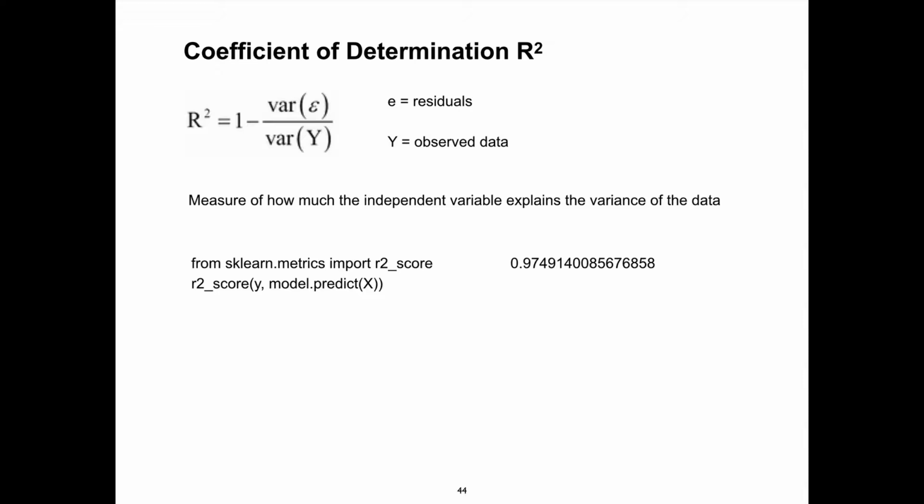So R squared, we've got this nice equation where it's the variance of the residuals over the variance of the observed data. Subtract that from 1. And since variance is always positive, the R squared is always going to be 1 or less. And the closer it is to 1, the better.